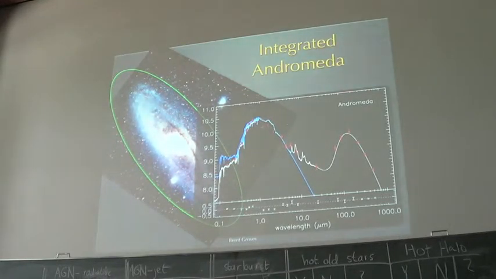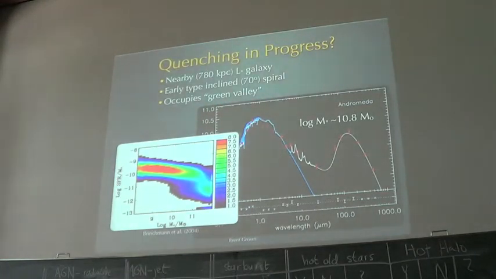This was mentioned a little with the Much paper earlier this week, but here is our specific star formation versus stellar mass plot from Sloan. Andromeda falls about here. It's in this process of what we would call quenching, like what Kevin described before. It's a disk, but we're falling off the star formation regime into the non-star forming regime. So is this a galaxy in which we're starting to see quenching in process?